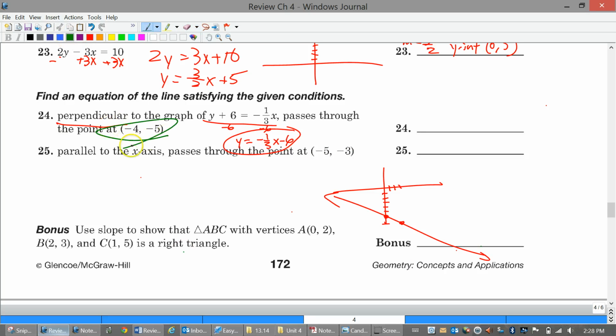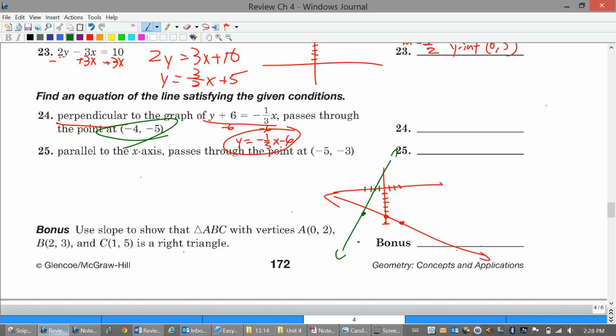In this case, we want the line specifically through (-4, -5). We want the graph that's perpendicular and through that point. By the way, I can't tell that that line is perpendicular because I did not use a slope to graph it, so we don't know for sure.